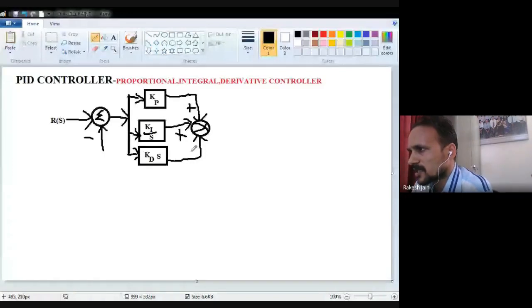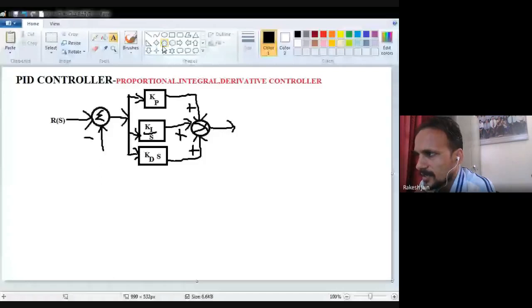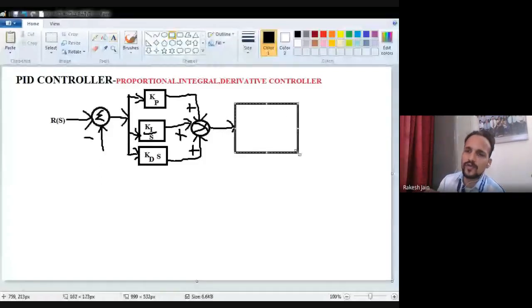Then the next part, this is the controller part. Now we need a section for the second part, that is the plant. And the plant we always use the same, that is omega n square divided by s square plus twice delta omega n s, in all cases.